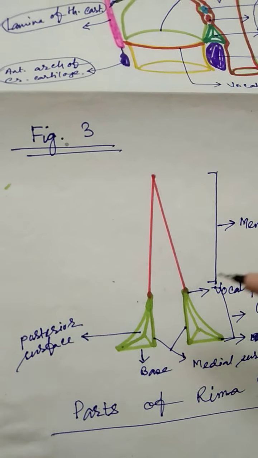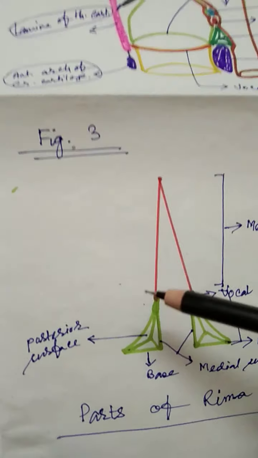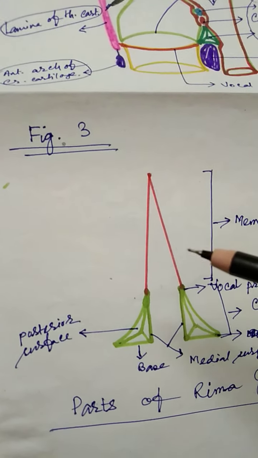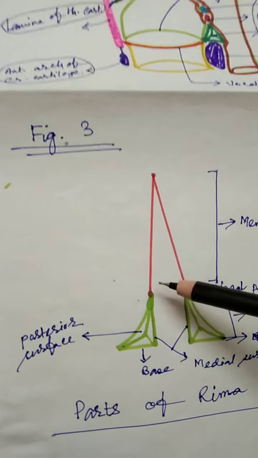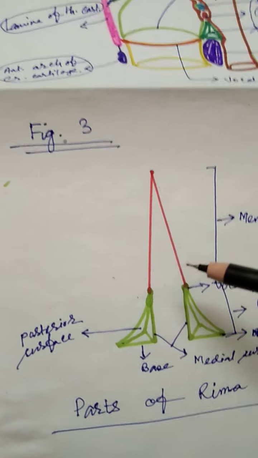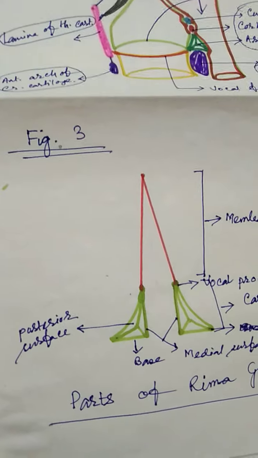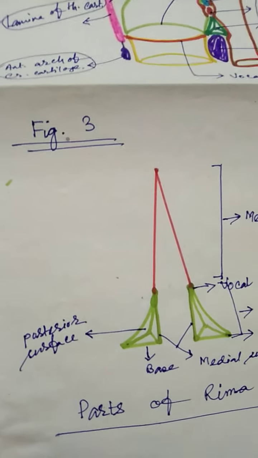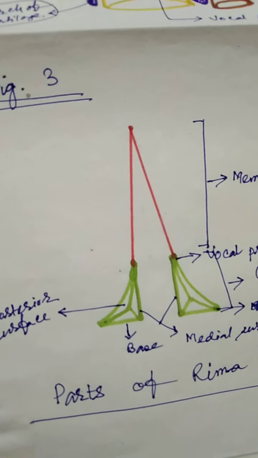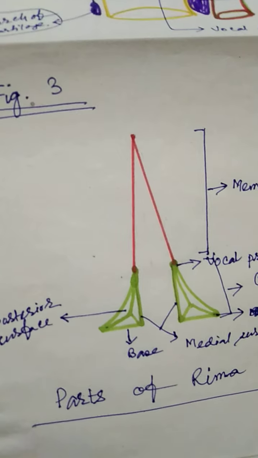Now, just opposite to the tensor, in the normal condition, when it is not stretched, it is relaxing. This is actually a passive process, but it is helped by one muscle I will name. This is the relaxer. Okay, so these are the movements.